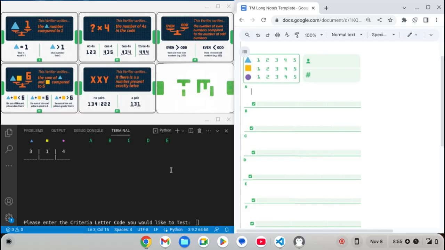So the first thing I like to test is criteria card C. Okay, so the Turing Machine does approve of my proposal. Notice that criteria card C is letting us know a little bit about the ratio of even to odds. So if you look at the proposal 314, I do have 2 odds to a single even, and of course, the Turing Machine approves of that.